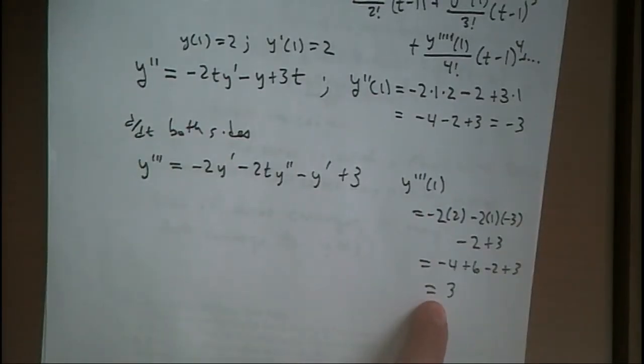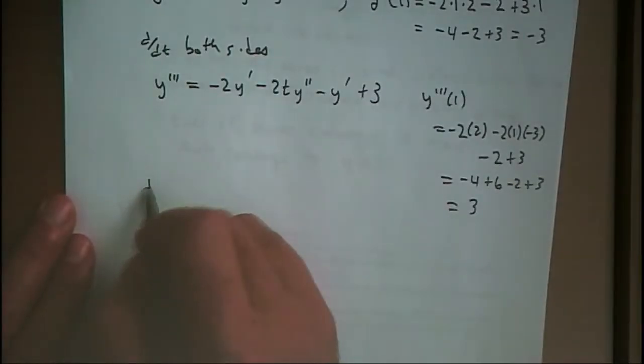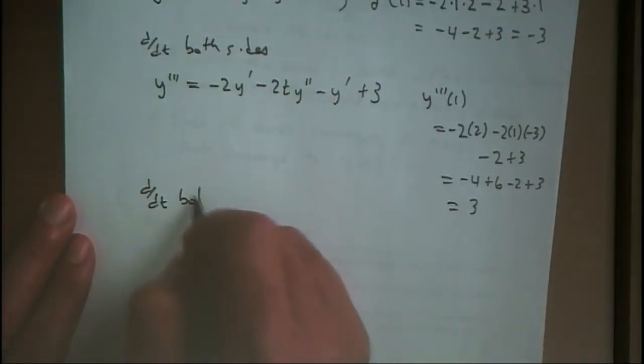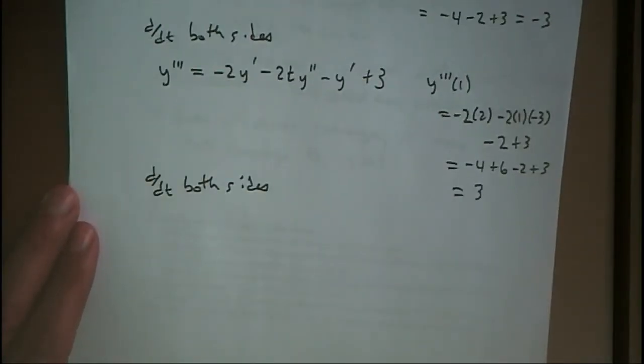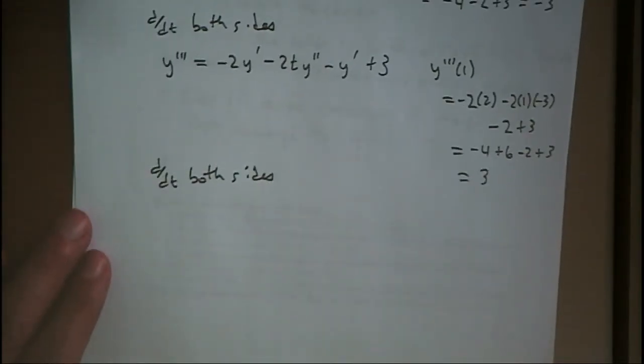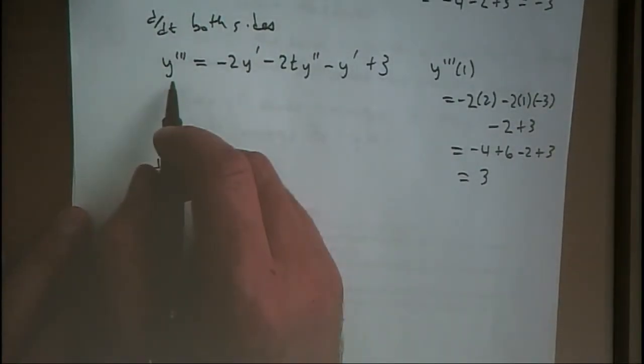Now again, I need one more term. So I needed 4 and 5, they asked for. So again, we go through this process one more time. d/dt both sides. To get at the 4th derivative, I'll keep that showing here. See right there. So we're taking d/dt of both sides of this.